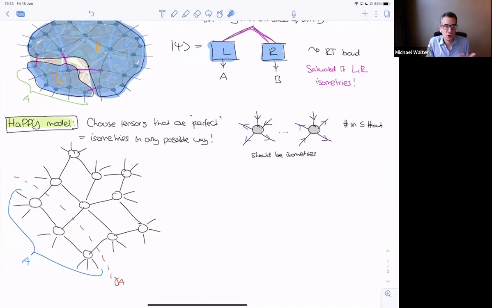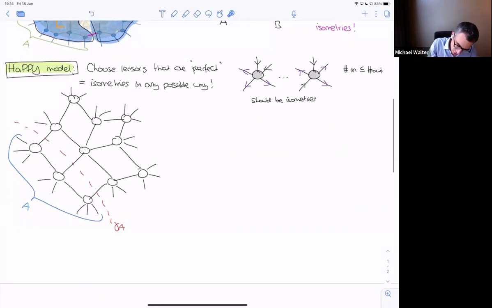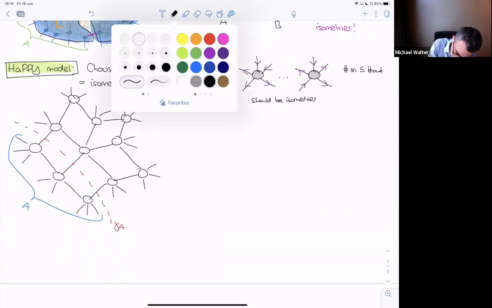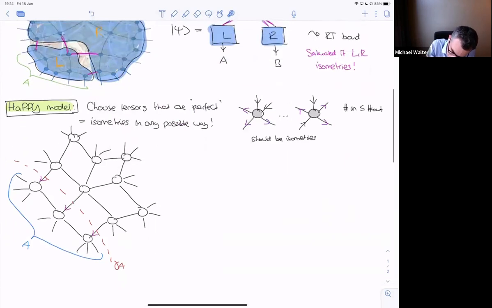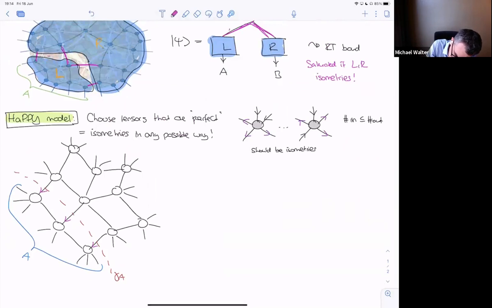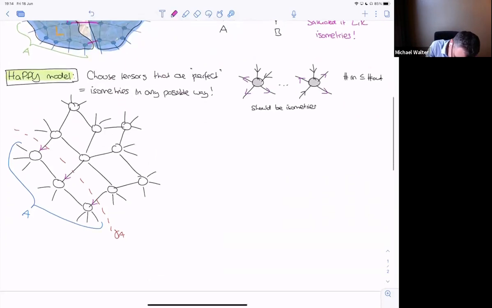So how could I convince you that that's in fact the case? Well, I could just orient the legs of all these tensors in such a way that they start being oriented away from the RT surface. That's sort of the input of the isometry. And here we're sort of going in, and at the boundary they should all point outwards.